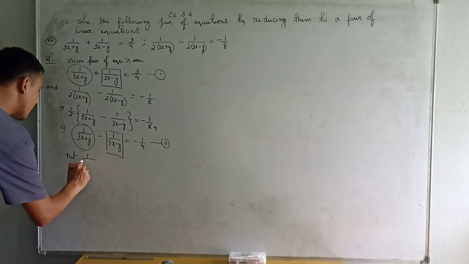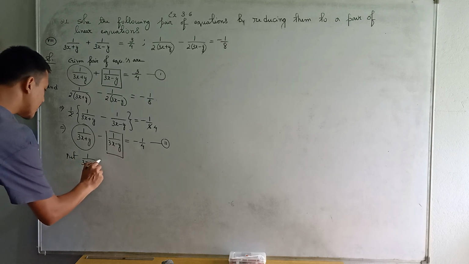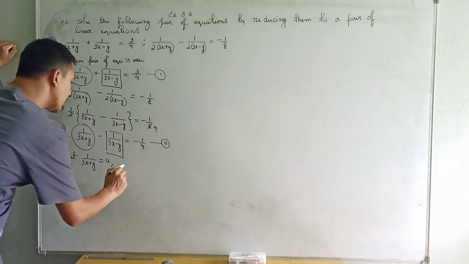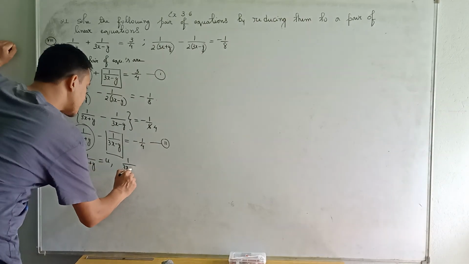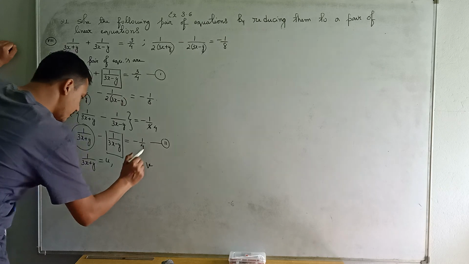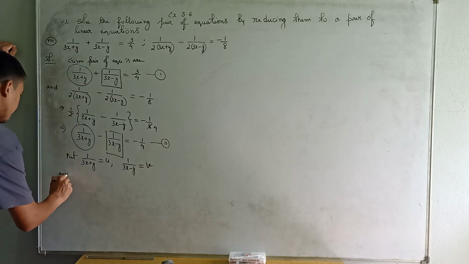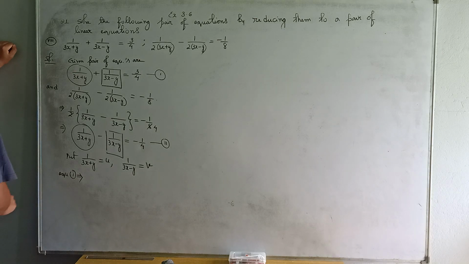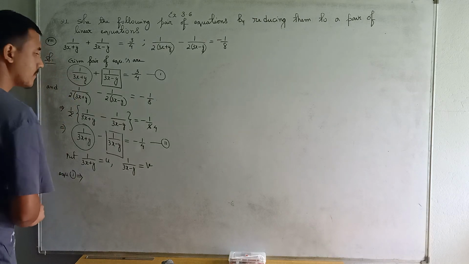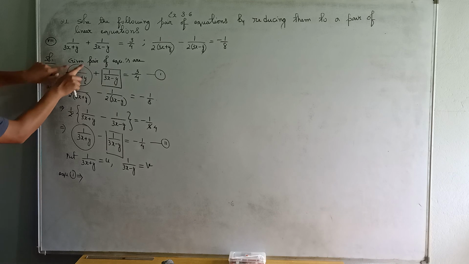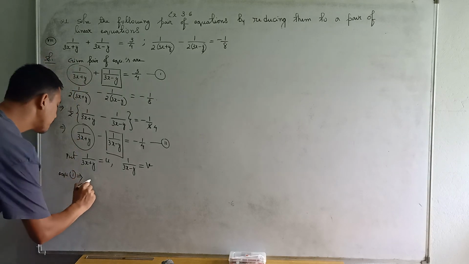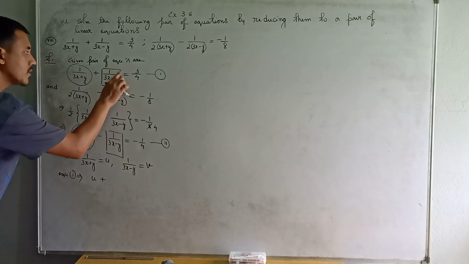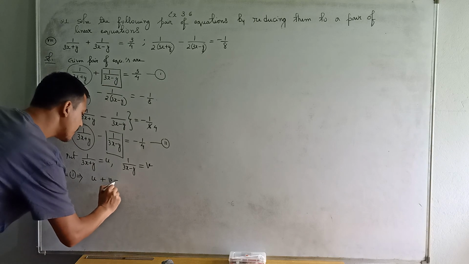So put 1 upon 3x plus y as u, and 1 upon 3x minus y as v. So your equation 1 will become, this whole thing is u only, u plus, this whole thing is v.